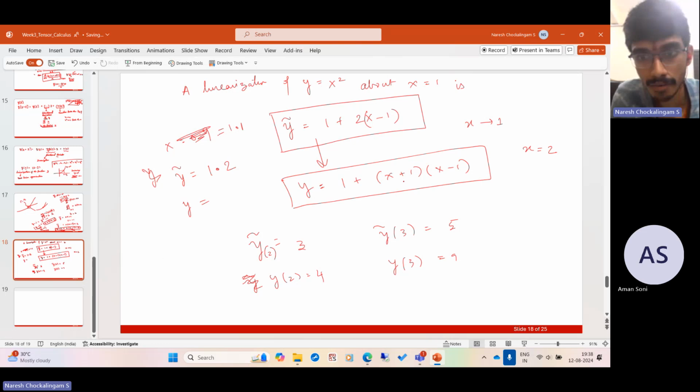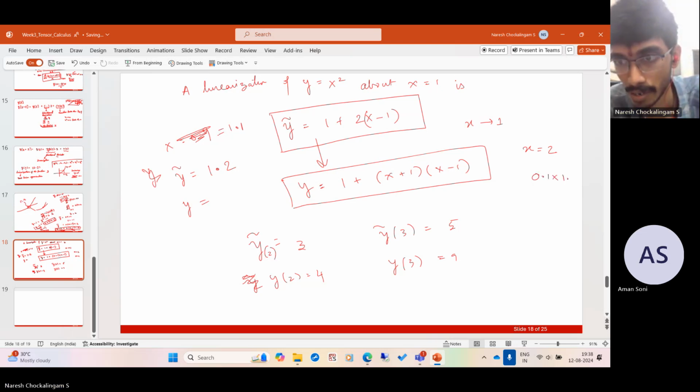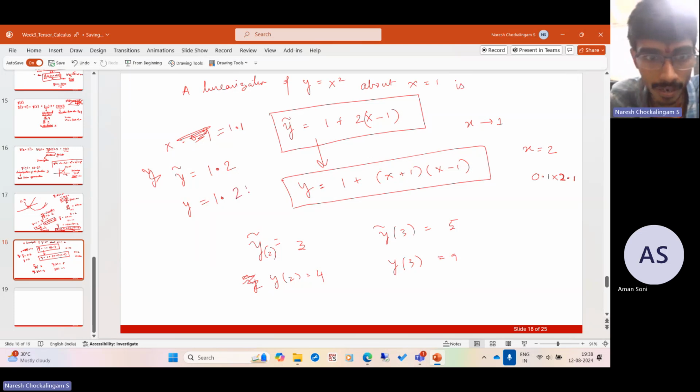And y takes the value 1.1 squared, that is 1.1 multiplied by 1.1, which is 1.21.